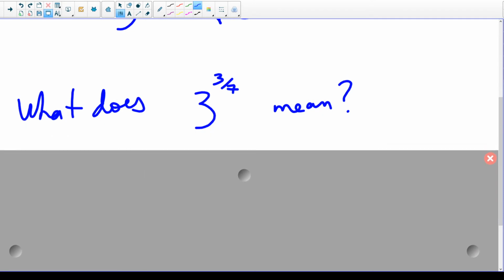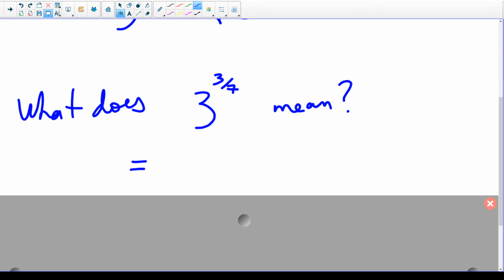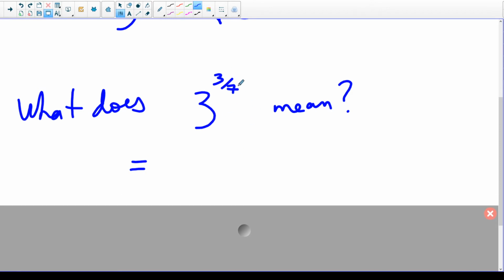So what happens if the top number of your fraction isn't a 1? All of the ones we've seen so far, the numerator of the fraction has been a 1. Well, how could we rewrite this in a way that would explain how to actually find the answer? So our base is 3.